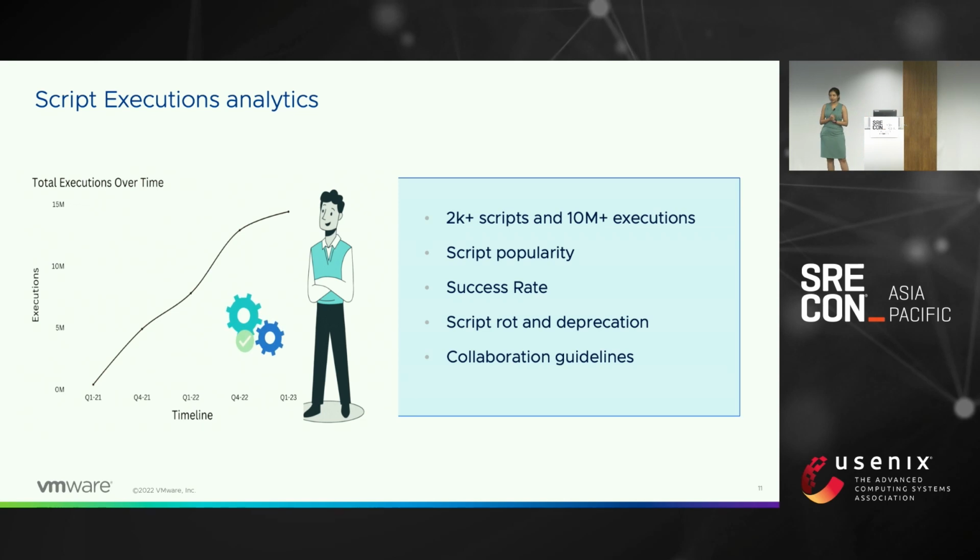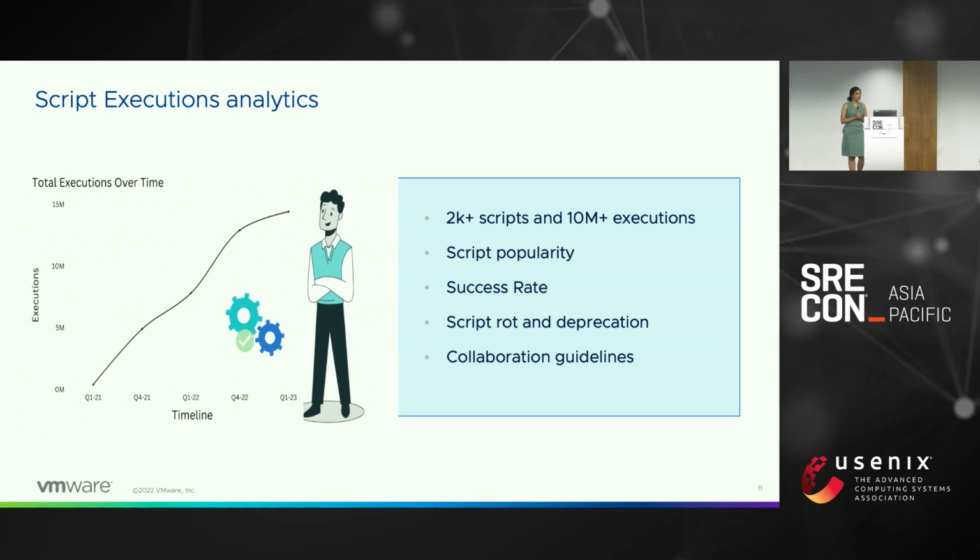Being from an automation platform team, everything for us boils down to a script execution. Every small thing, to an atomic level, is a script. So it's very important to have script execution analytics, and to drive and gain insights: how our scripts are working, and how we maintain the life cycle of our scripts.